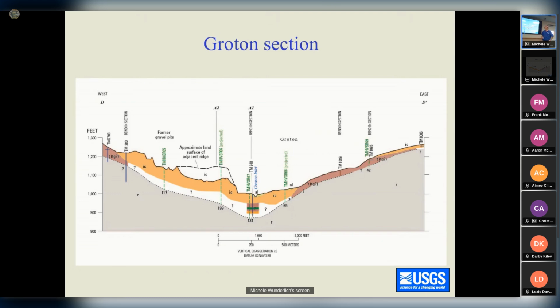So that's a cautionary tale in terms of why it's important to be aware of these kinds of features on the valley wall, and you don't want to do something that could provide a source of leachate, a source of contamination, to groundwater. Next.